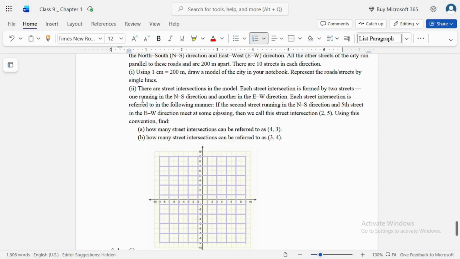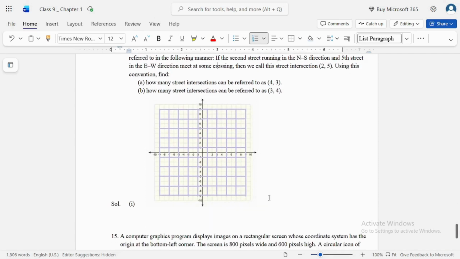In second part A, it is asking how many street intersections can be referred to as 4-3. 4-3 means the fourth street in the north-south direction and the third street running in the east-west direction. So there will be only one intersection like that, right?